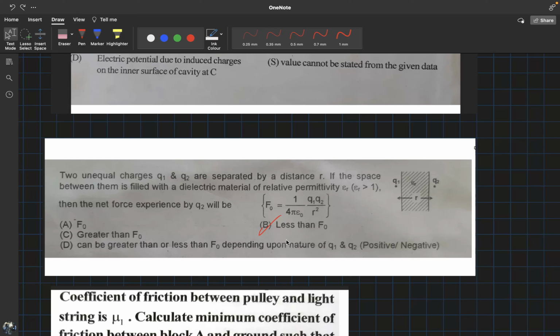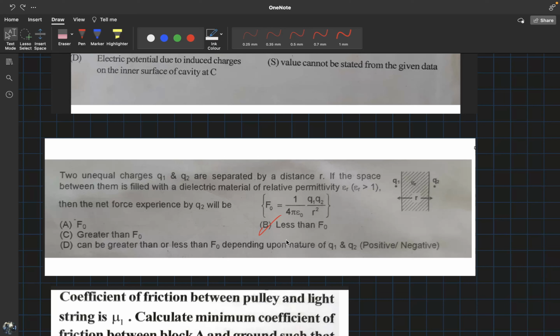Once again, you're saying you've kept two charges some distance apart, and you filled some portion of the space between them with a dielectric. Now this dielectric extends till infinity, right? There's no way the field lines can get from one side of the dielectric to the other side without crossing the dielectric. Correct.